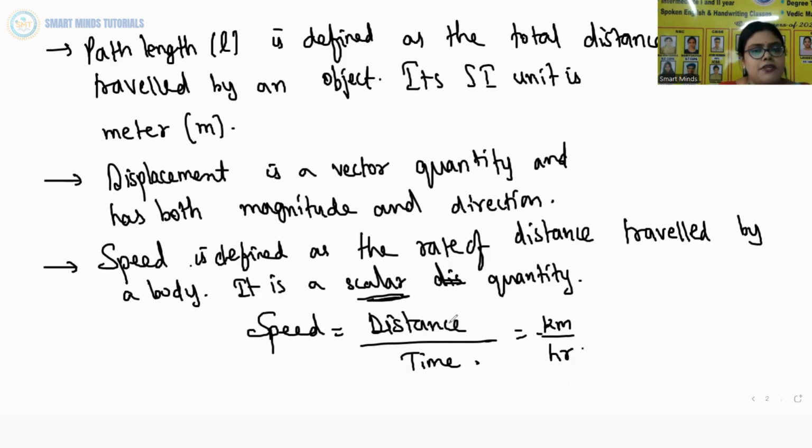So distance is measured in kilometers and time is measured in hours. That's why its unit is kilometers per hour or meters per second. If distance is measured in meters, then time is measured in seconds. So that's why it is either kilometers per hour or meters per second.